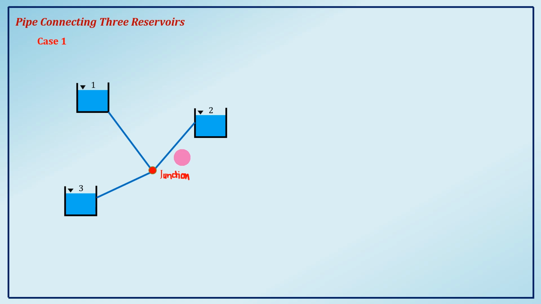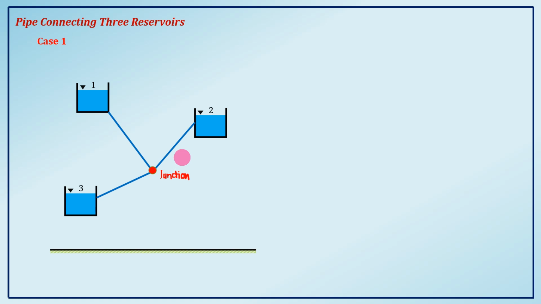So, the datum here is really important kasi yan yung magbibigay sa atin ng head loss natin, 'di ba? So, sabi natin kanina, if we're considering dams or reservoirs, the change in the elevation, yan yung magiging head loss mo. So, the datum dapat known natin.